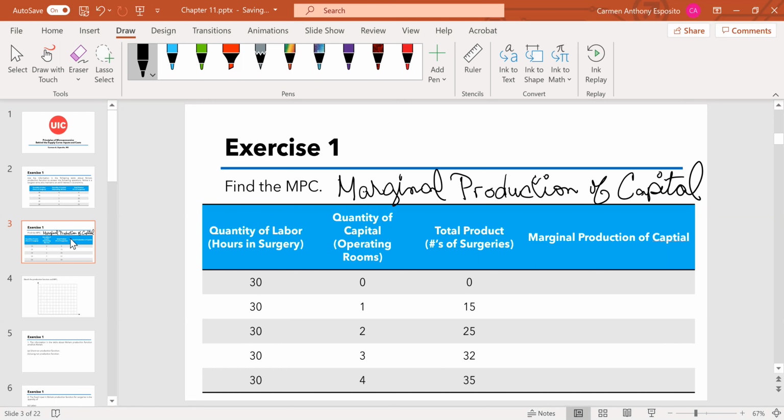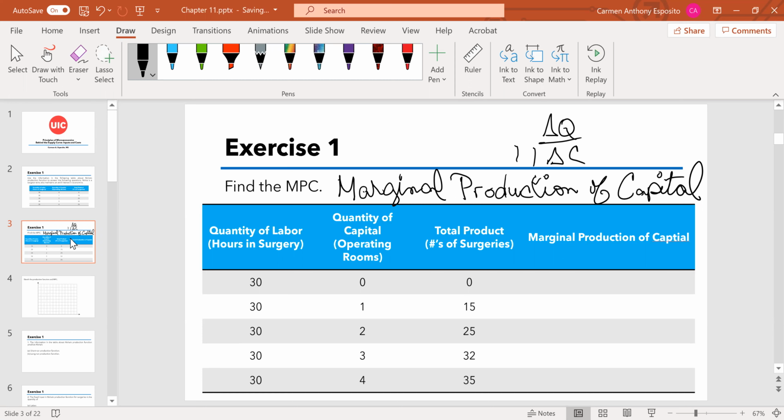And what it's saying is, how does production, the number of surgeries you're able to produce, change as capital changes? And so here, it's the change in quantity over the change in capital.